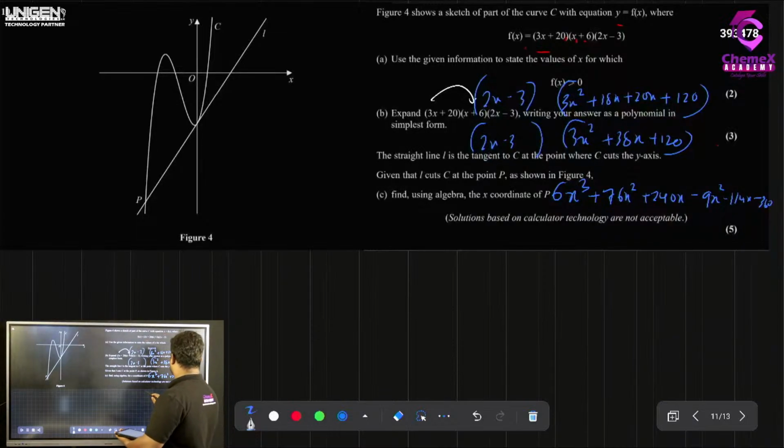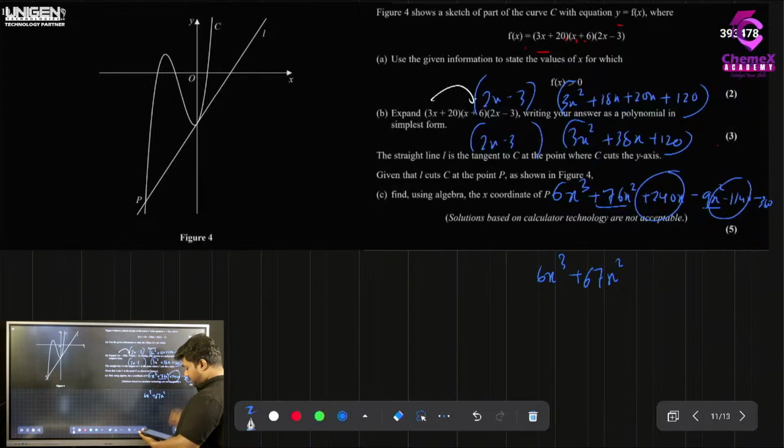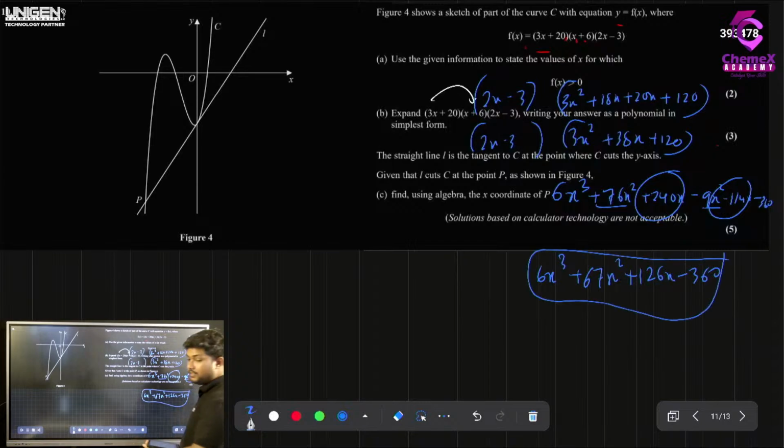And if you simplify this, 6x cubed, 76 minus 9 is how much? 67. 240 minus 114 plus 126, then minus 360. So that's the expansion of B.